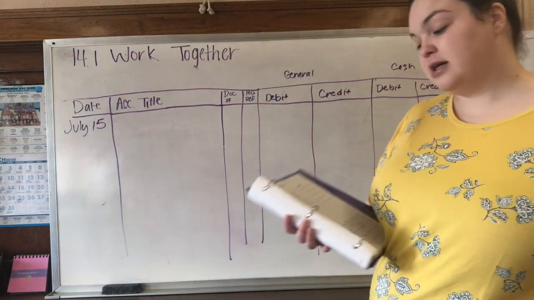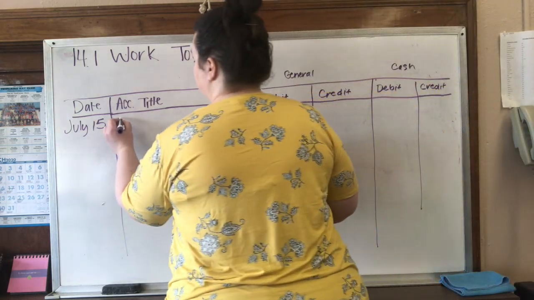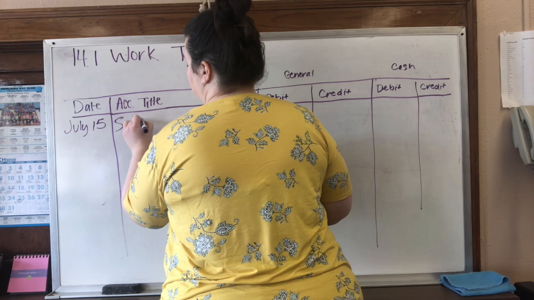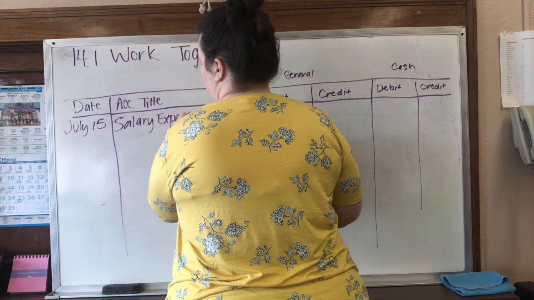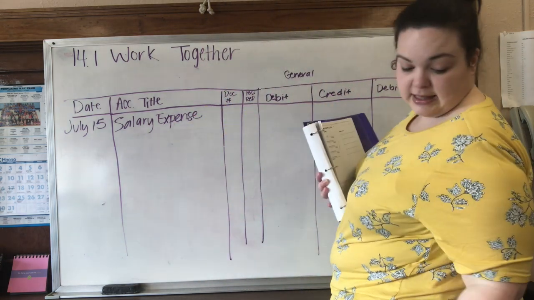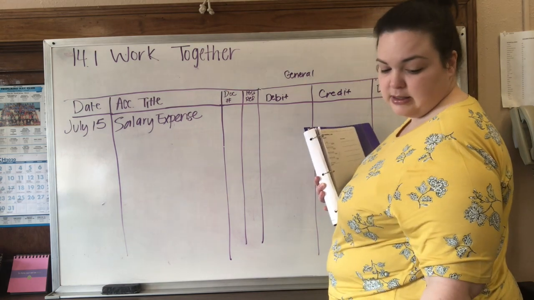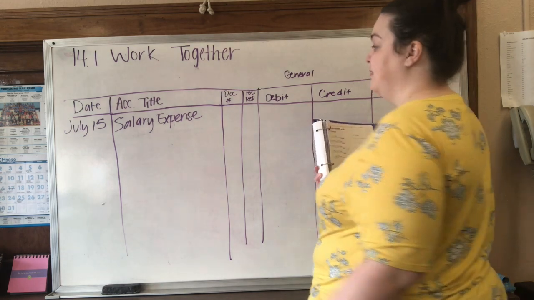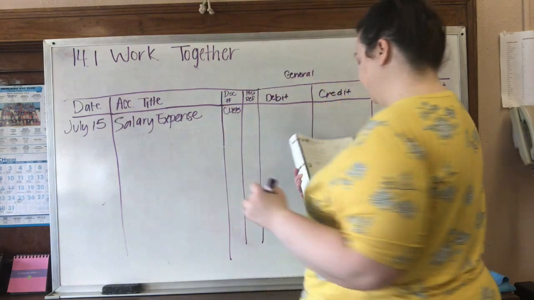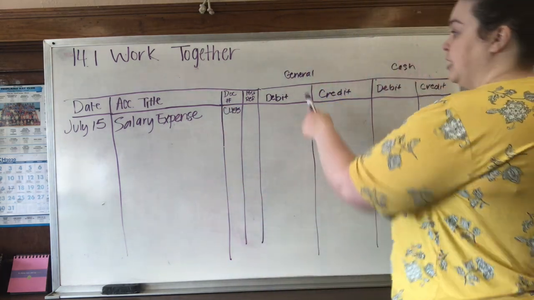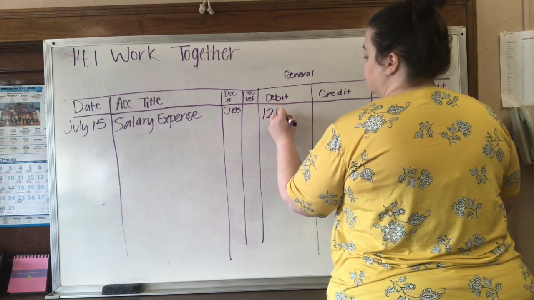Your account title is going to be what your T account says, salary expense. They told you the document number was check number 455, so C455. And you're going to debit in the general column $12,600.